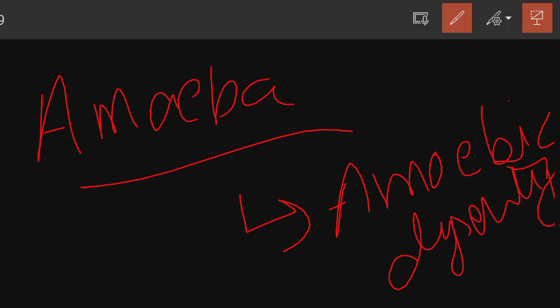If not treated, it can cause liver disorders, or sometimes even the death of a person can be caused by this microorganism known as amoeba, right?